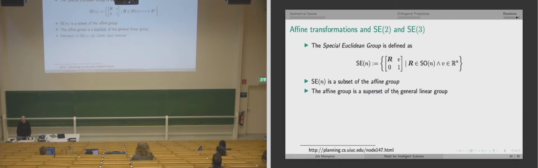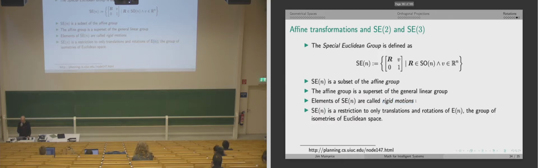Yeah. Elements of SEn are called rigid motions, and SEn is a restriction to only translation and rotation of En, the group of isometries of Euclidean space. You don't have to know that.